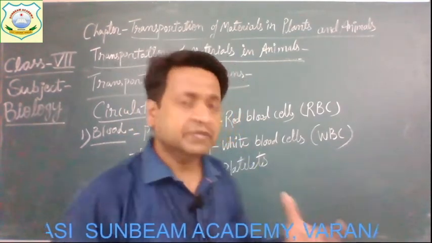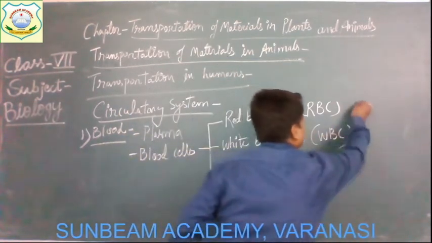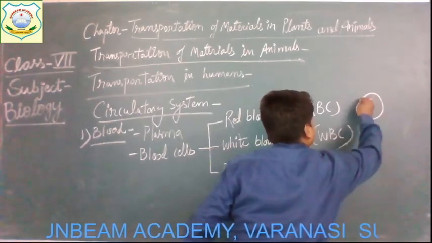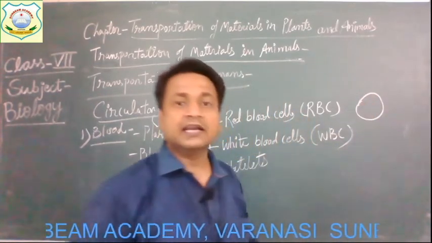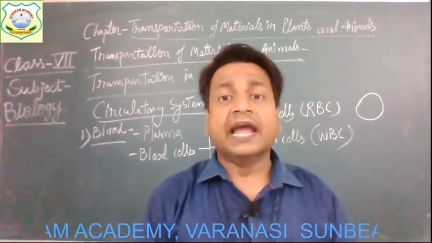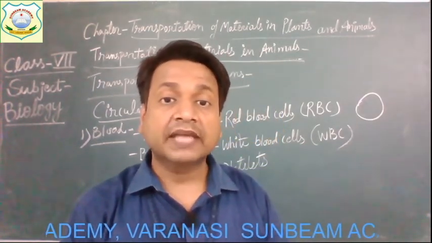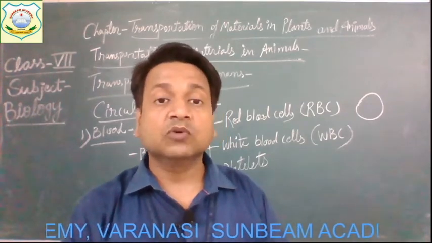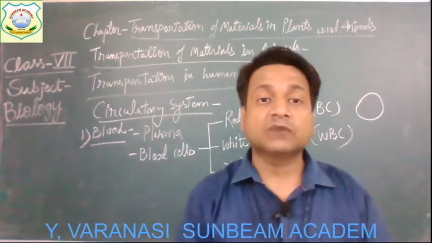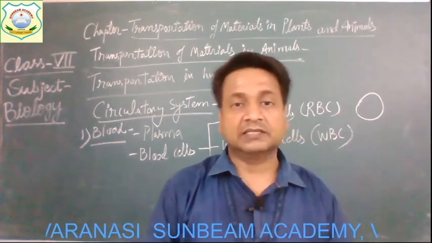Disc-shaped means they are oval in shape. The cells are disc-like, and they contain a red colored protein termed hemoglobin. So hemoglobin is a kind of protein found in which cell? Red blood cells.